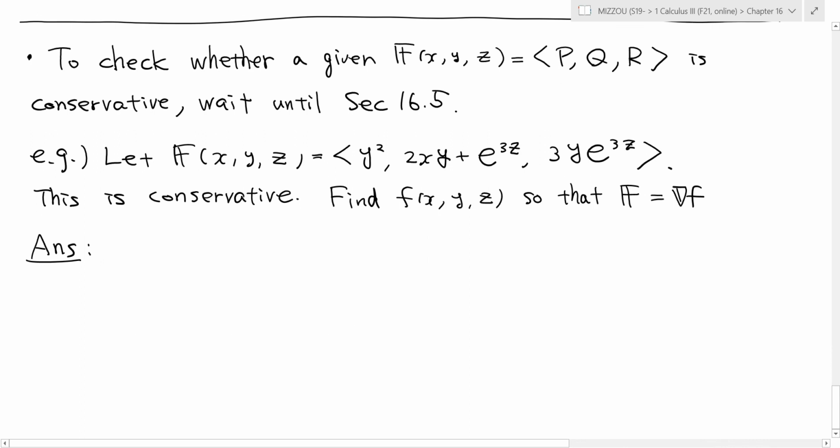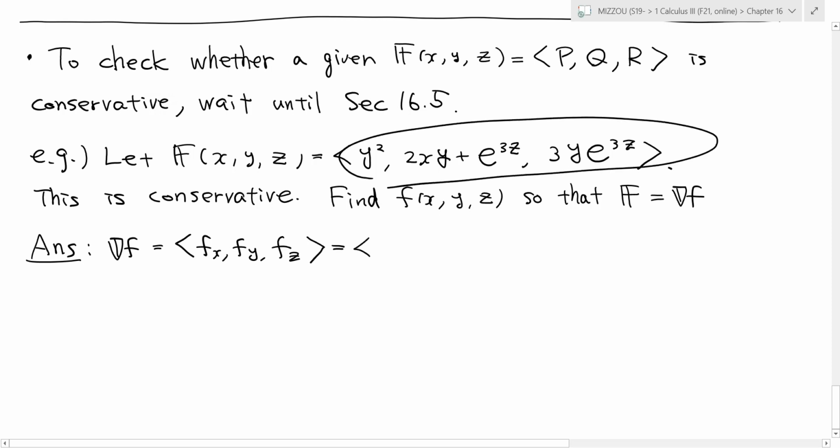Here's the answer. The gradient of f is, by definition, each component is each partial derivative. And we want this to be equal to this: y squared, 2xy plus e to the power of 3z, and then 3y e to the power of 3z.